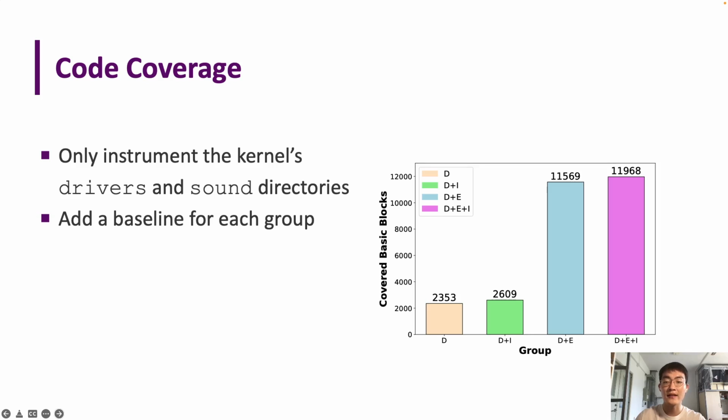Specifically, we added a baseline for each group of the experiments, which uses Syzkaller's default system call templates for fuzzing, without adding additional templates or virtual devices. We could exclude the interference of some general code by adding such a baseline for each group. And we could find that the actual virtual devices and the interrupts both improve the code coverage.